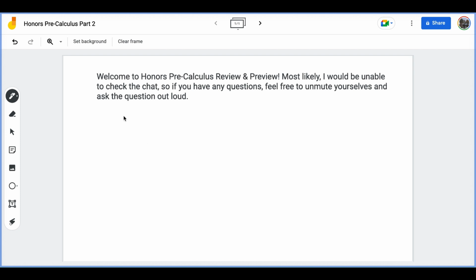We're basically going to be looking at trigonometric identities and equations. So the main ones you should know are, for example, sine squared x plus cosine squared x equals 1.